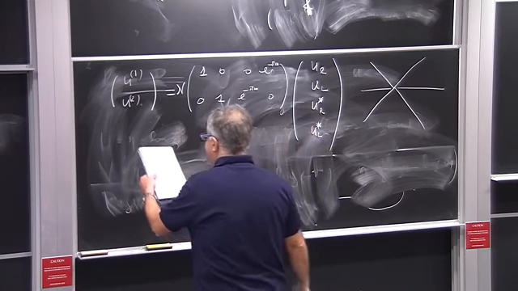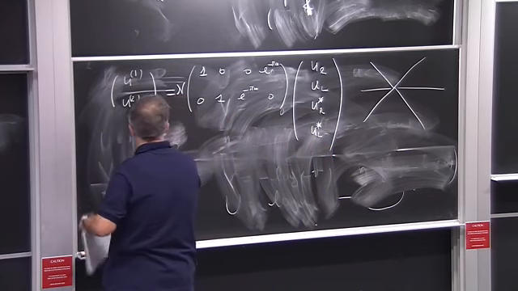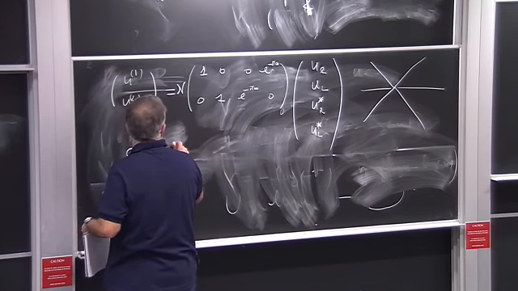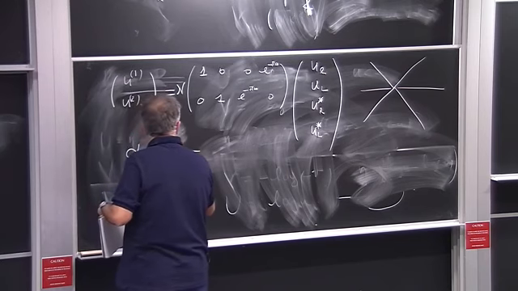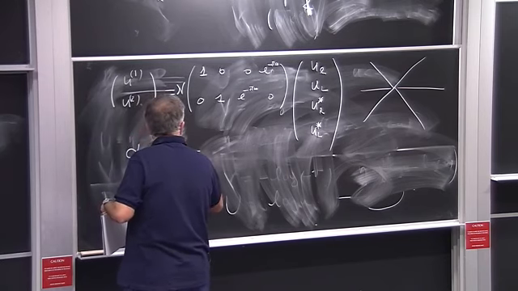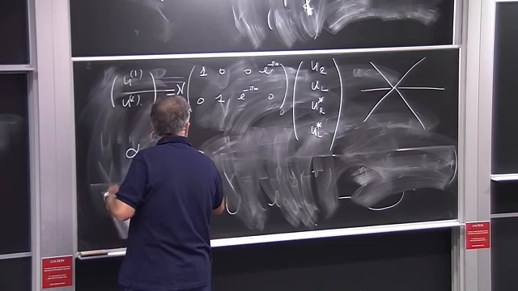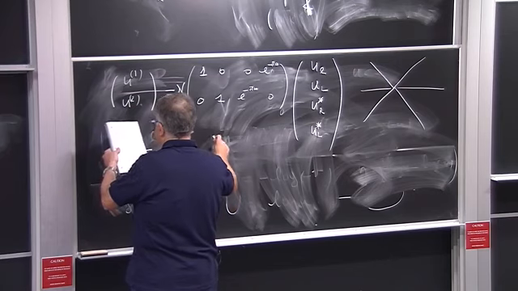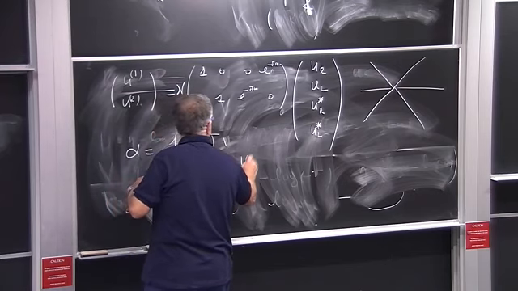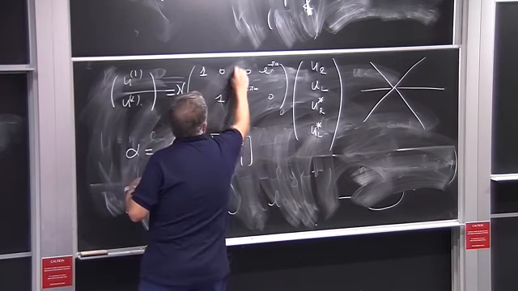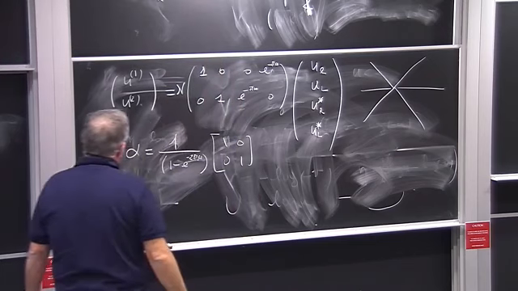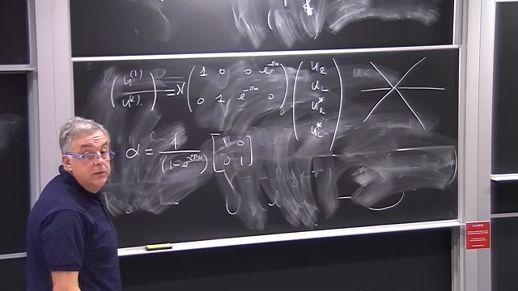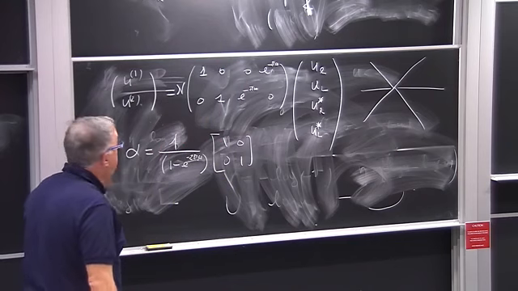And so alpha is 1 over 1 minus e to the minus 2 pi omega, times 1, 1. This is alpha cross, but as you see, it's symmetric and real. So alpha cross is equal to alpha.